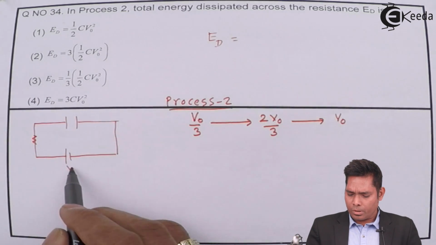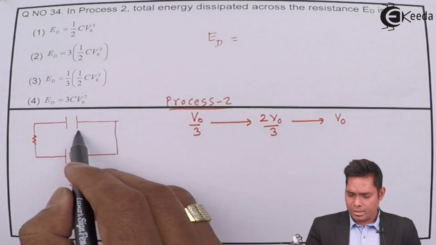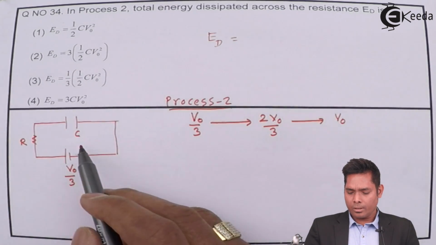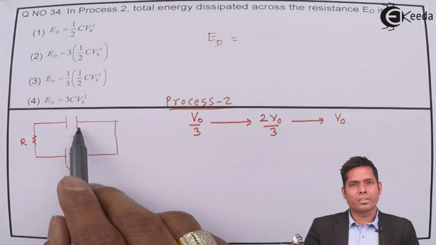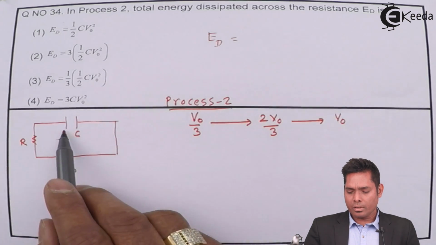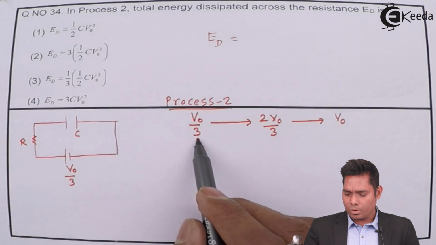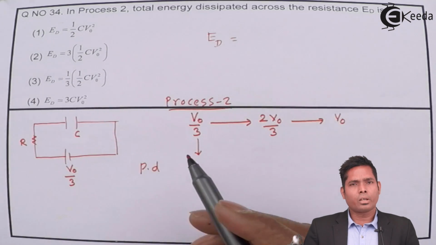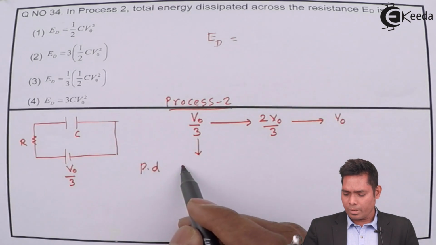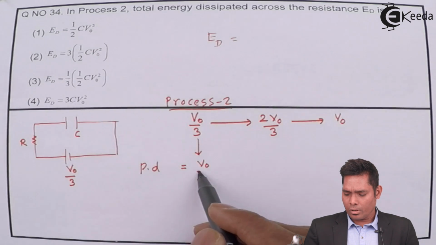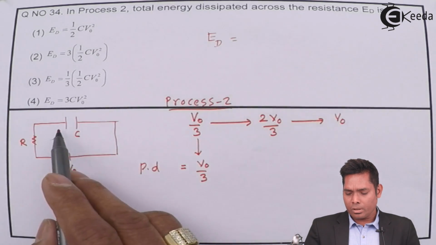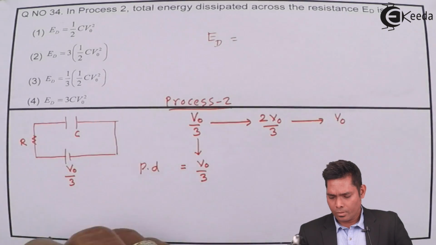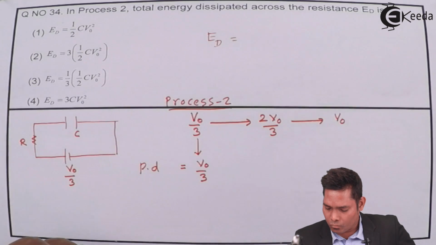When the voltage is V0 by 3, the capacitance is C and the resistance is R, and sufficient time is given, the potential difference across the capacitor in this first step will be V0 by 3, because the capacitor will attain the potential difference of the battery voltage after a very long time.